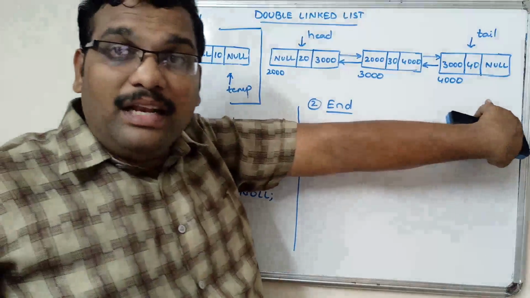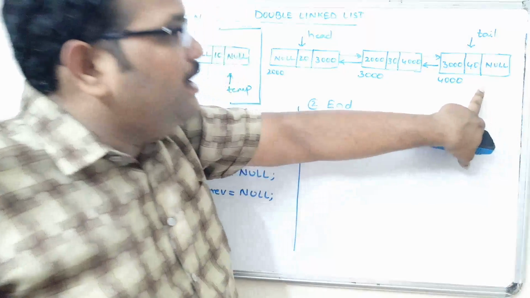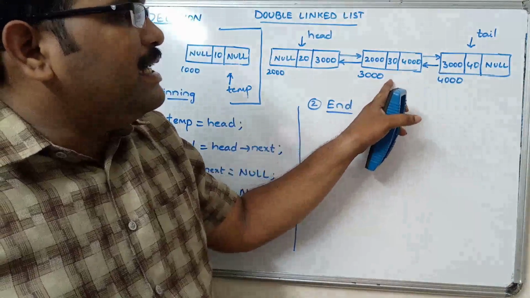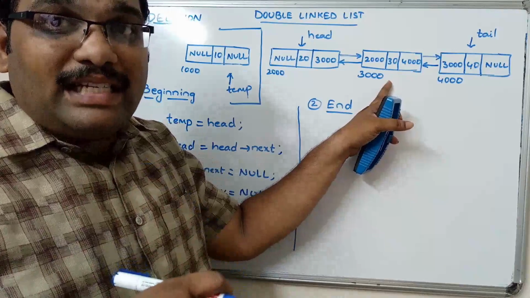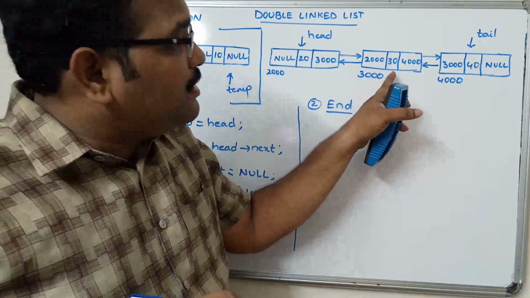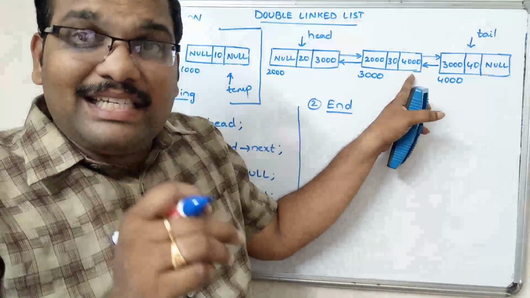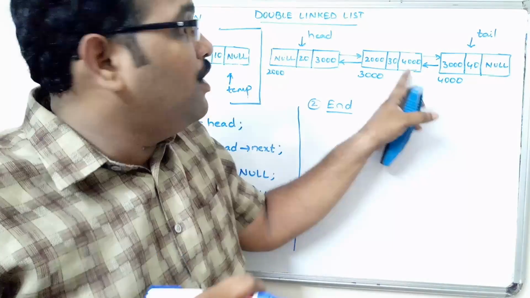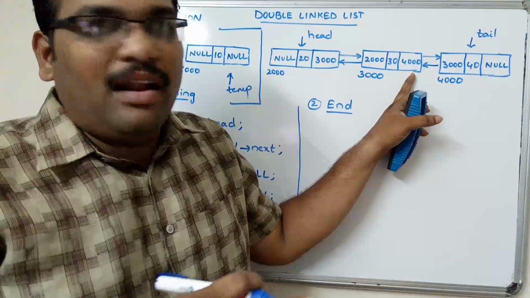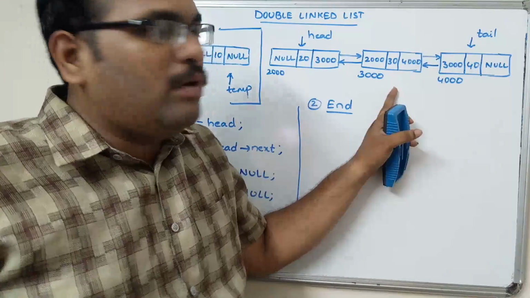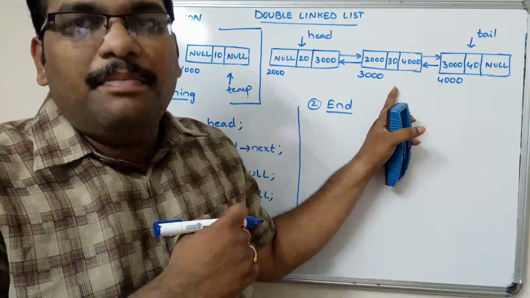If 40 should be deleted, what is the last element? 30 is the last element. So if it is the last element, we said that the next field, that means the address field of 30, should be filled with null, and tail should be moved towards its previous node.